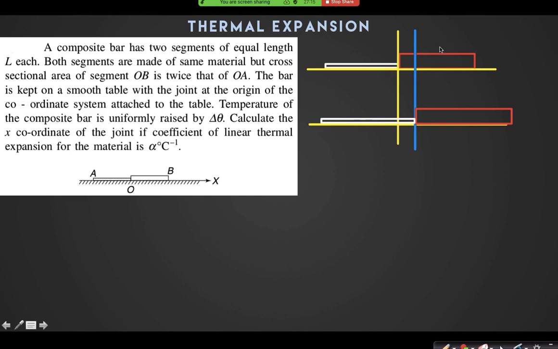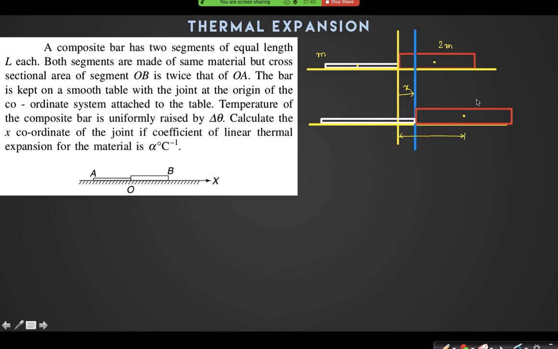Let us assume it to be x. This mass is m, this is double the mass. Initial center of mass was here and here. Now the center of mass is located here. So I have to calculate this position from the origin to this center of mass.